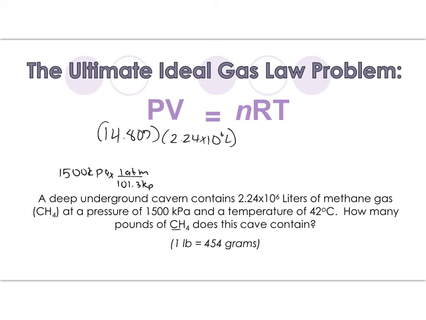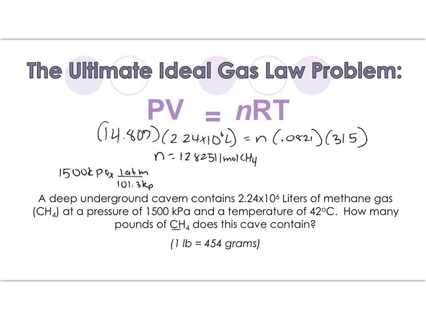You don't know how many n's you have, which is how many moles you have, but you do know what your rate constant is going to be. And when you convert your degrees Celsius to Kelvin, you get 315. So ultimately what you're solving for is your number of moles. When you solve for n, you get your number of moles as this gigantic number, this many moles of CH4.